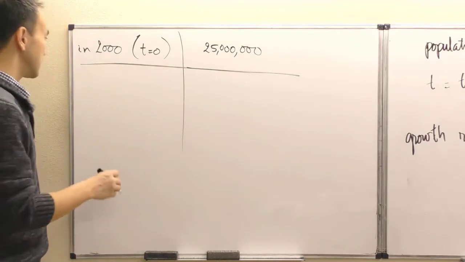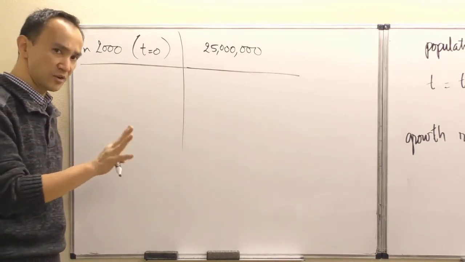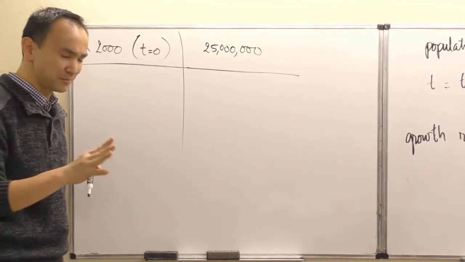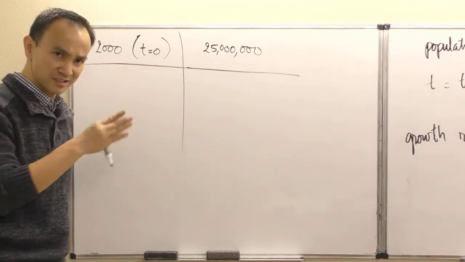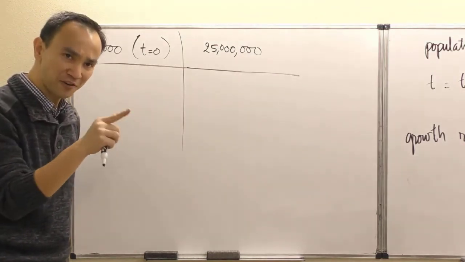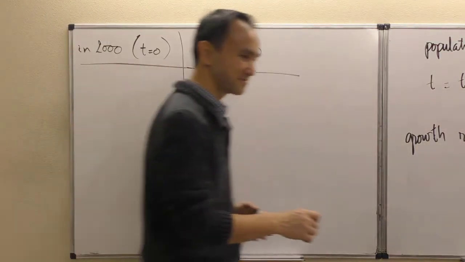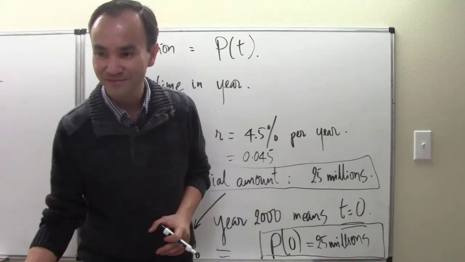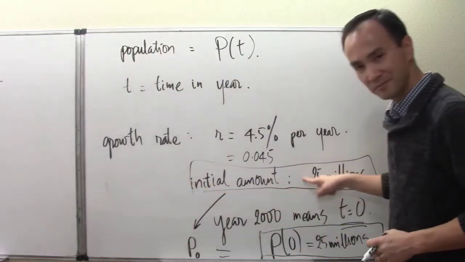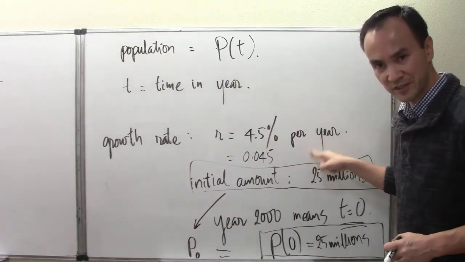Okay. So now think about the wording describing it: it has been growing by 4.5% per year. I had that information written down right here, 4.5% per year.